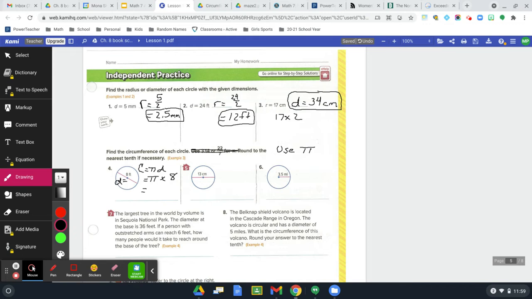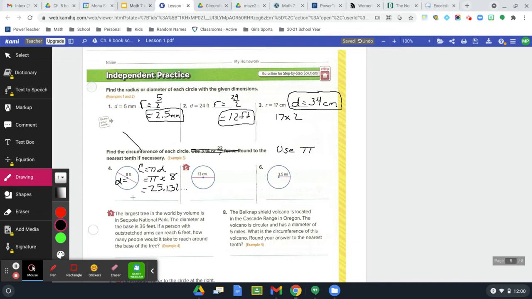And when you do, you see a large decimal again, and it starts out like this, 25.132, and then it just keeps going. This says to round to the nearest tenth.